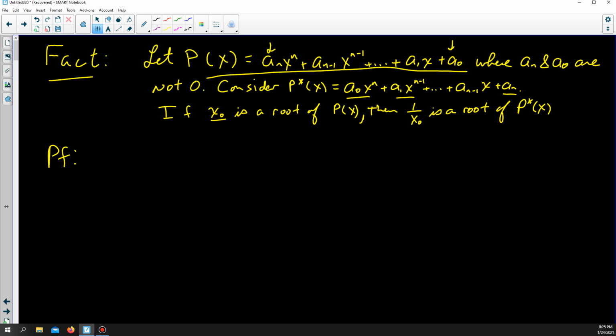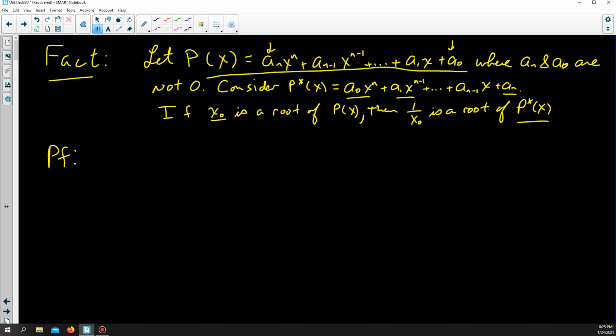If x0 is a root of one of those polynomials, say p of x, then 1 over x0 is a root of p star of x, the one where things are reversed.